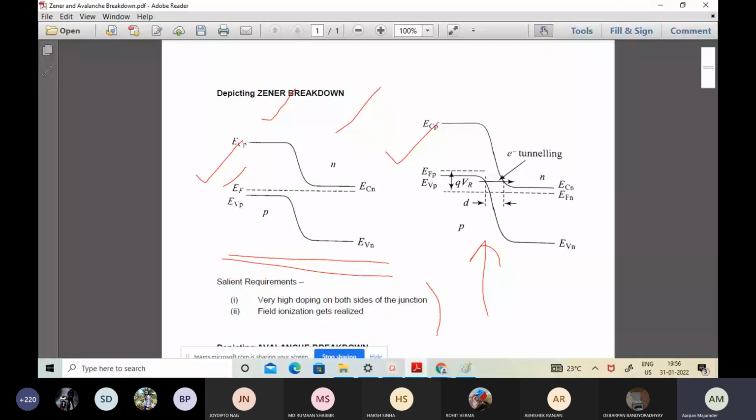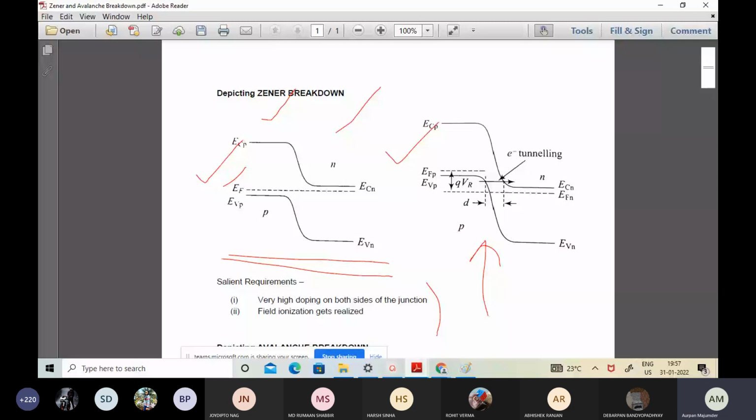One thing we know very well, that when we are talking about reverse bias application, it means that the N side's positive potential is higher compared to the P side.